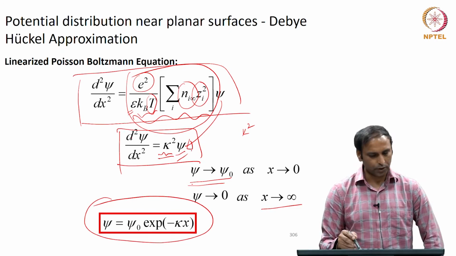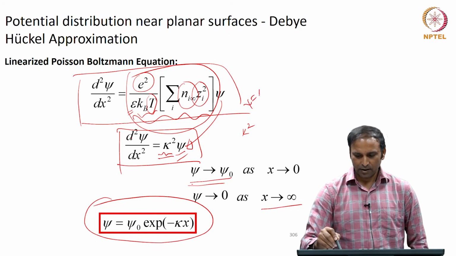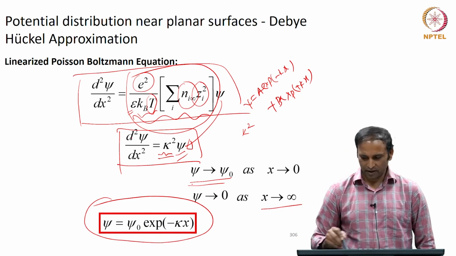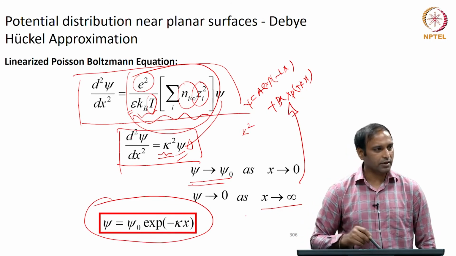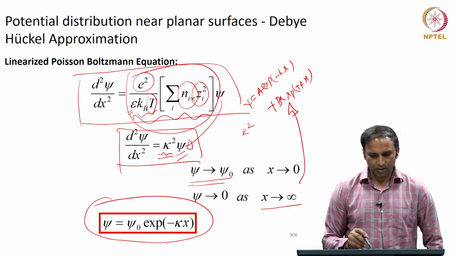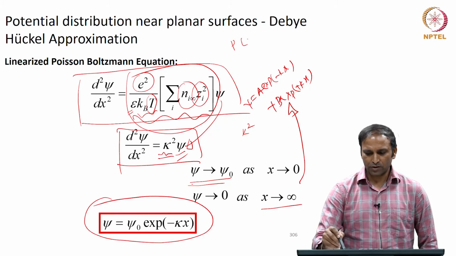You know how to do this, right. You can write psi as a times exponent of minus k x plus b times exponent of plus k x. That is the solution, and if I substitute the boundary conditions, you will essentially get this. So, that is the solution of the Poisson equation in one dimension.